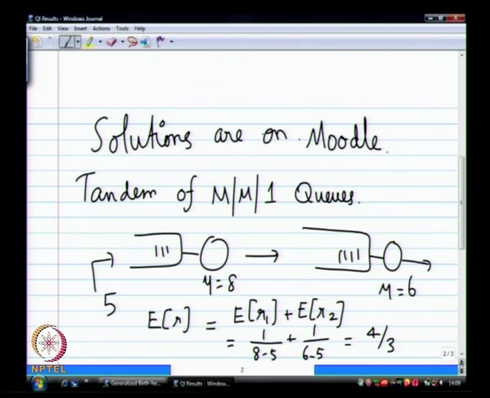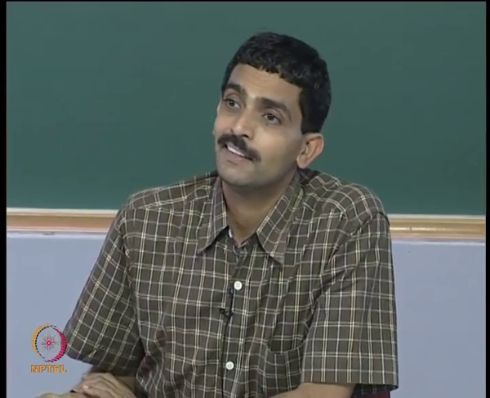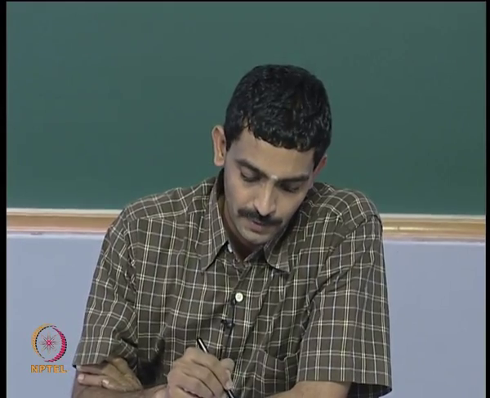So this is one particular form of product form network. Then there have been other works where people have been slowly proving one class after the other, that such and such class of networks is also product form.